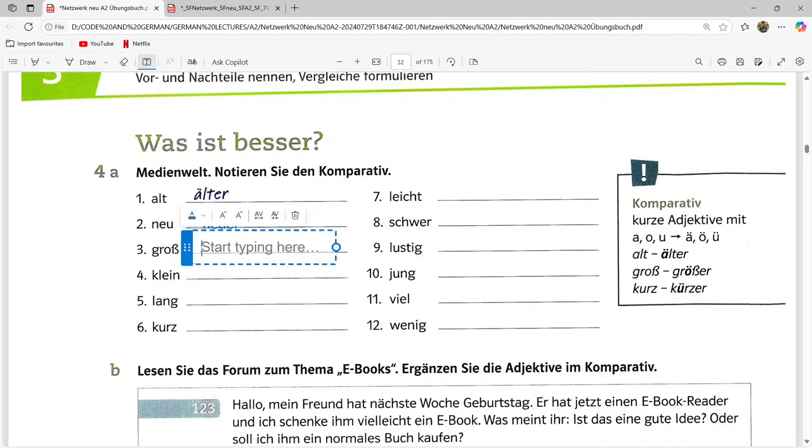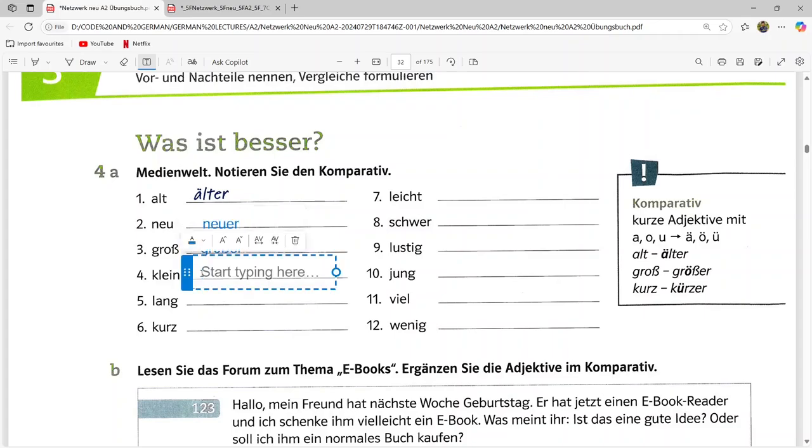Groß will be, O will change to umlaut, and this is größer. Klein will become kleiner. Länger. So what are the meanings? Old, older, new, newer, big, bigger, small, smaller, long, longer, and kurz.